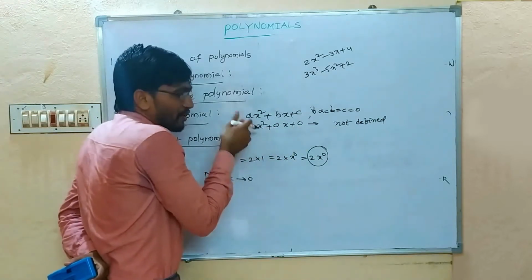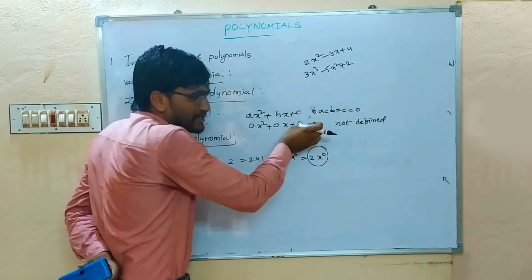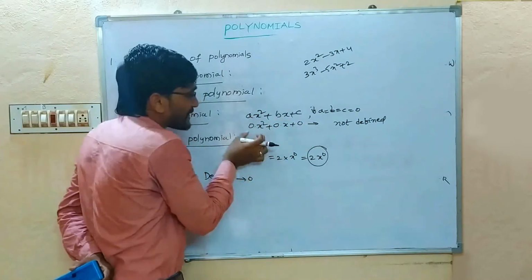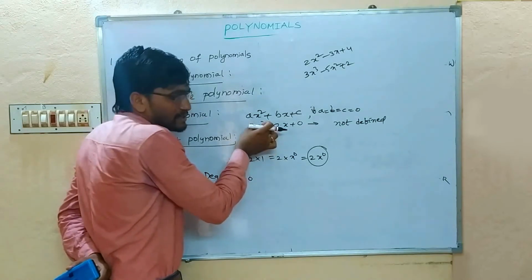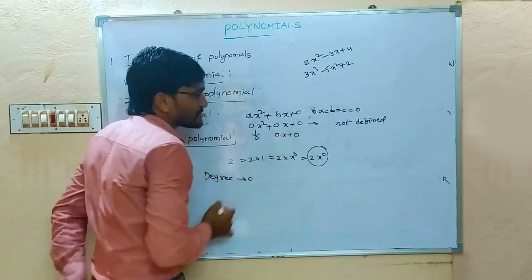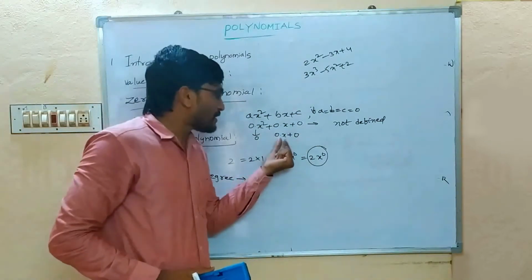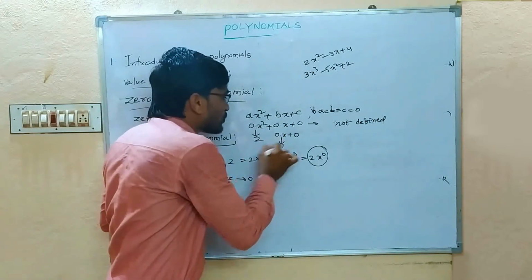We can't say the degree is 2, or 1, or 0. Suppose anyone says the degree is 2. Then 0 into 2 x square is nothing but 0. Then 0 into x plus 0. Now what is the degree? Here the highest power is 1, so the degree is 1.